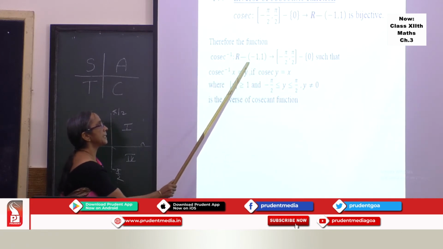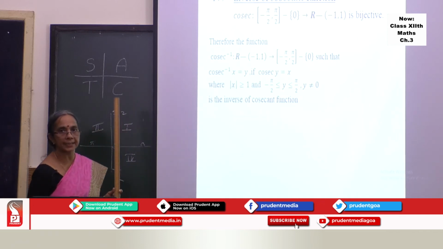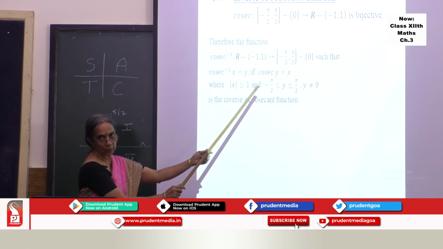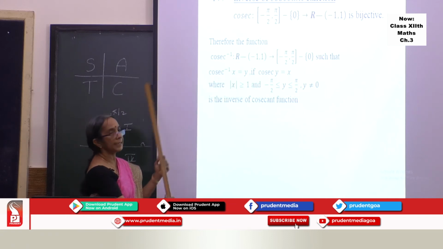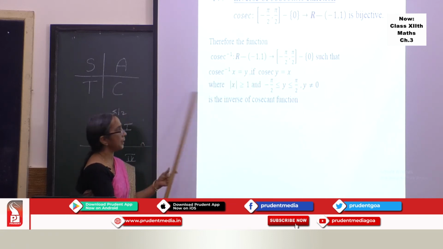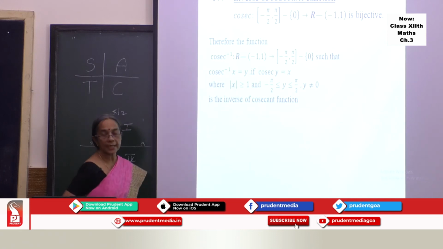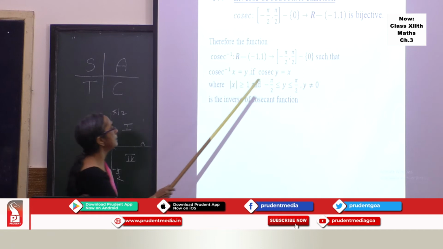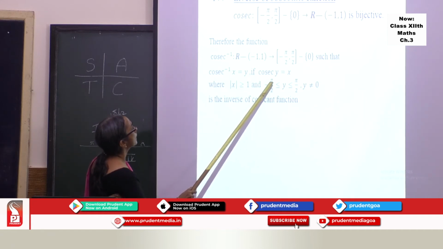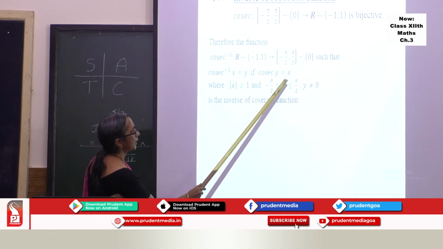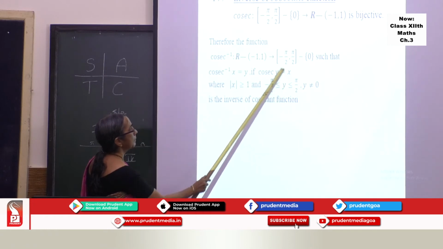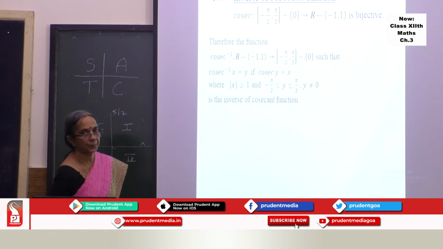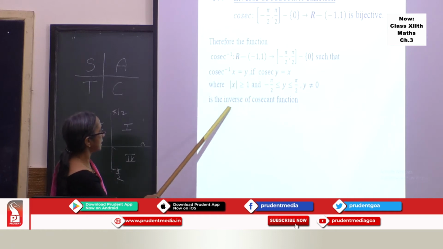The meaning is the same: x can be any number greater than or equal to 1, or any number less than or equal to minus 1. Similarly, y is between minus pi by 2 and pi by 2, and y is not equal to 0. This function is the inverse of the cosecant function.